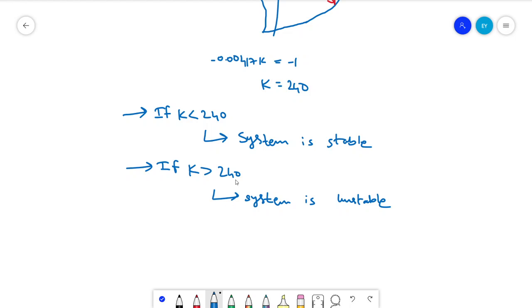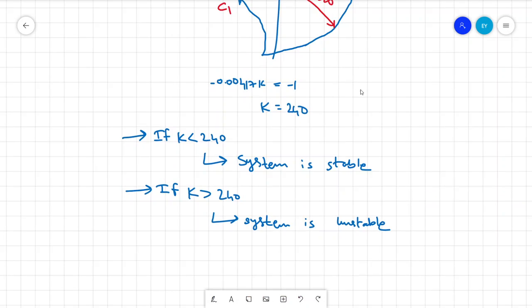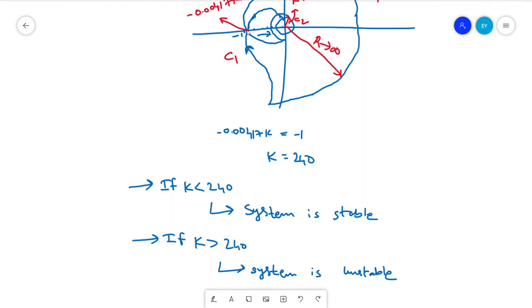Okay. So from this, what we can understand is the range. As the question asked, we need to find the range of K where the system is stable. So if you are selecting any K value in between 0 and 240, 0 will be here and 240 will be till here, for this particular range of K, the system is stable.